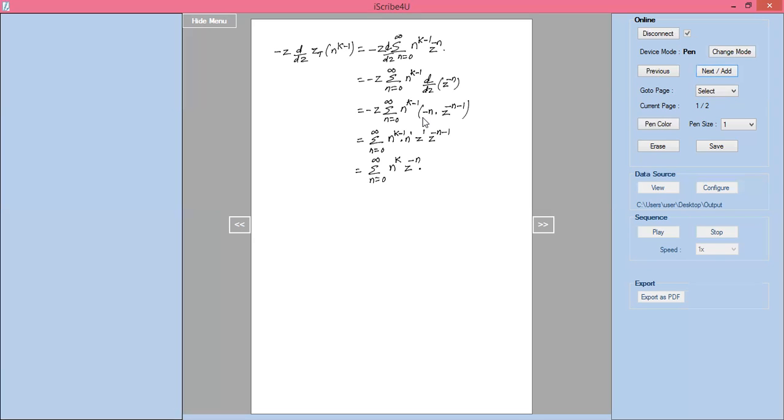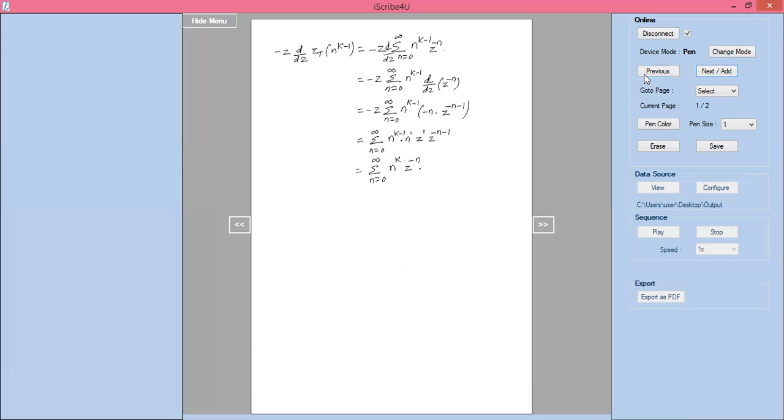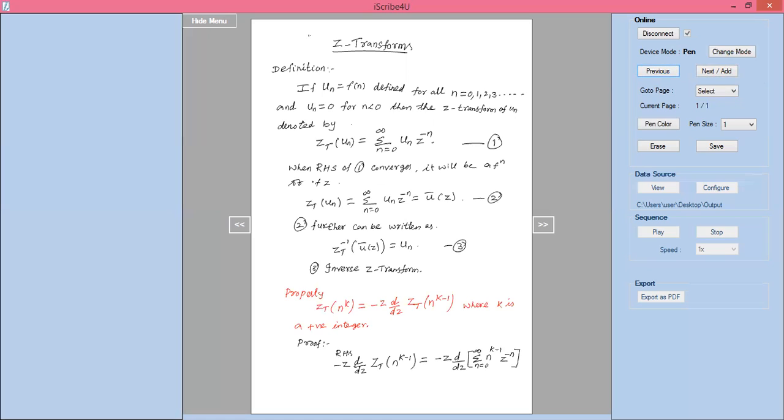Now see the basic definition, your previous definition of z transform. What does that say? It is in the form of un into z power minus n. In the place of un, n power k is there, into z power minus n.